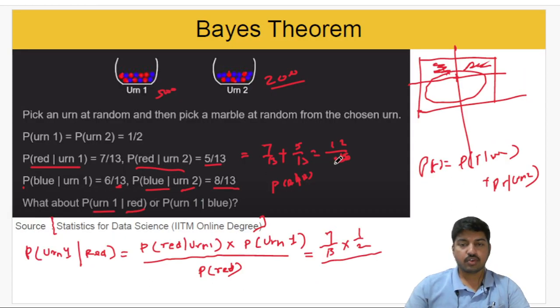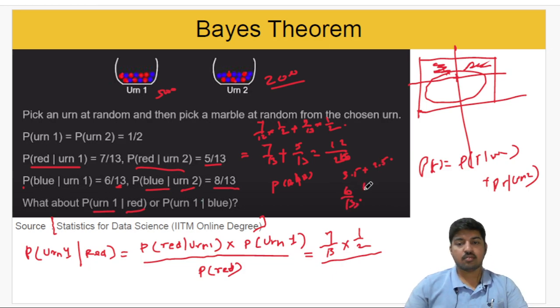So if we calculate that, it will be around probability of B. So here it will be 7 by 13 into 1 by 2 plus 5 by 13 into 1 by 2. Correct? So it will come around 3.5 plus 2.5 is equal to 6 by 13.